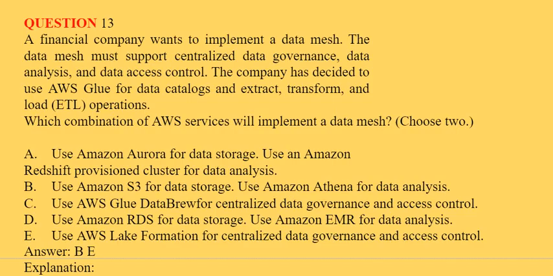Option C, use AWS Glue DataBrew for centralized data governance and access control. Option D, use Amazon RDS for data storage. Use Amazon EMR for data analysis. Option E, use AWS Lake Formation for centralized data governance and access control. Correct answer is option B and option E.